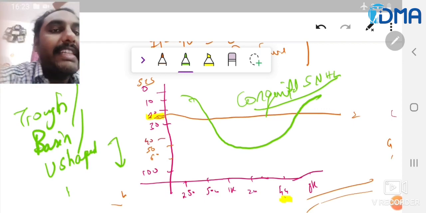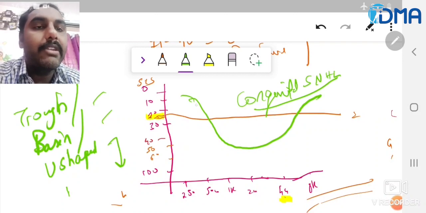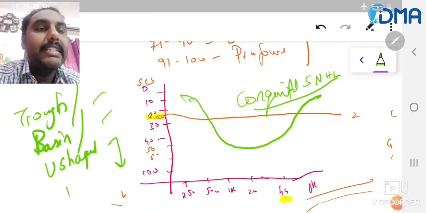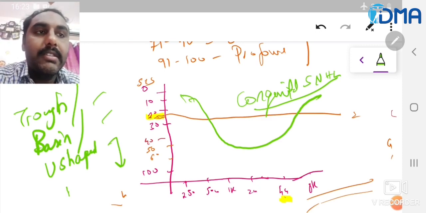On audiometry the pattern will be something like a trough shaped, basin shaped or U shaped audiometry, seen in a child born with congenital sensorineural hearing loss.